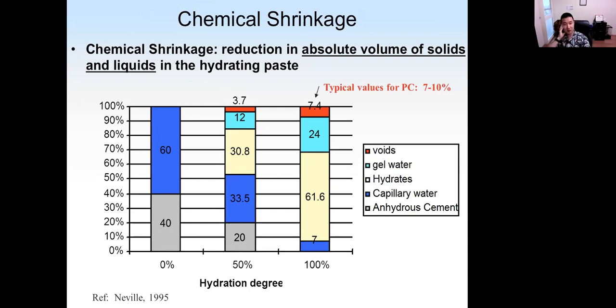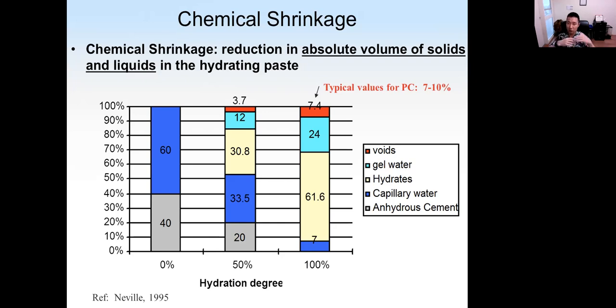Then let's look at a third type of shrinkage. So chemical shrinkage. Chemical shrinkage is a reduction in absolute volume of solid plus liquid during the hydration process. For example, C3S plus water, we know we're going to have calcium hydroxide plus CSH. So this is one of the chemical reactions.